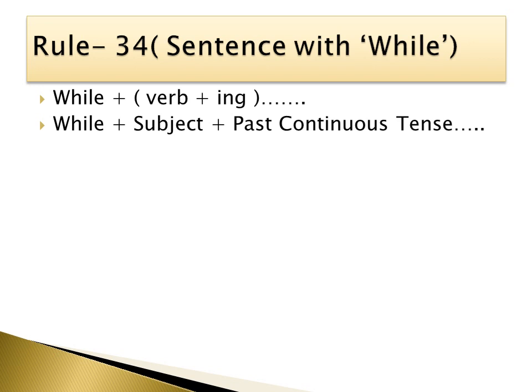When we use only a verb after while, that means while plus verb present participle, it makes a simple sentence. And when we use a clause, while plus subject plus past continuous tense, it makes a complex sentence.